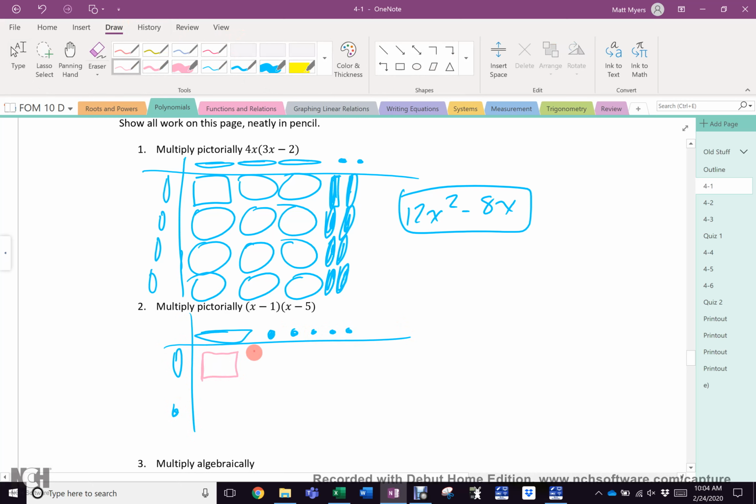Negative beats positive, so I'm down that far, but I'm over that far. Color it in. 1, 2, 3, 4, 5. Down that far, out that far, and negative wins. 6. And then 1, 2, 3, 4, 5. Not shaded in because negative times a negative is positive. X squared minus 6x plus 5.